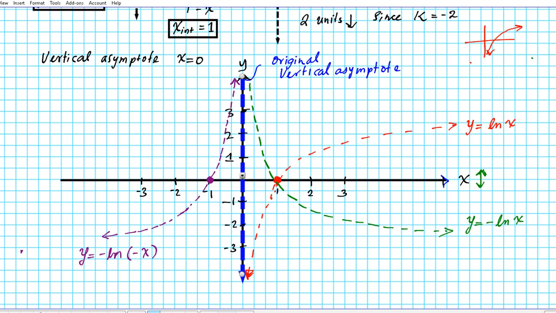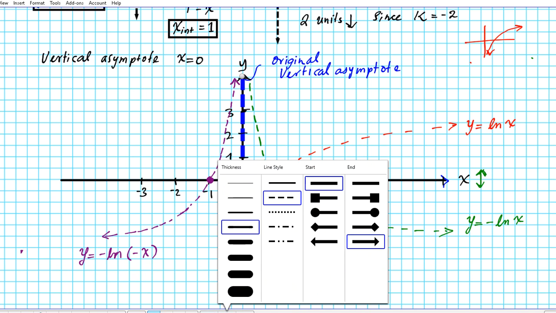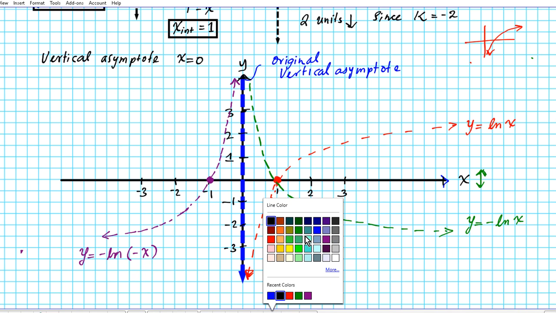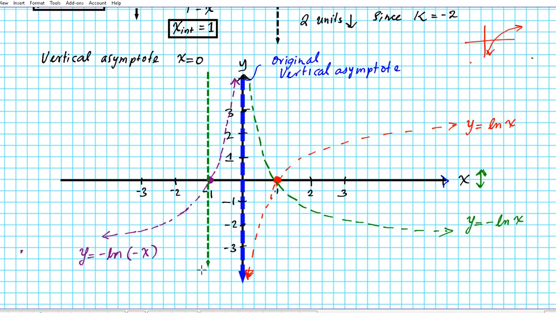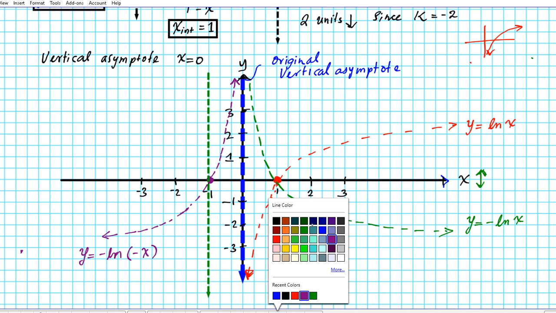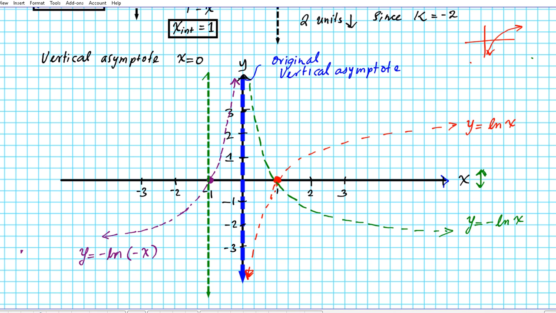So let's draw our final or actual vertical asymptote at this time. Let's make it green. So this is our final vertical asymptote right here. So we had the original, and now we have the final vertical asymptote. Okay, so let's specify that. This is our final vertical asymptote.